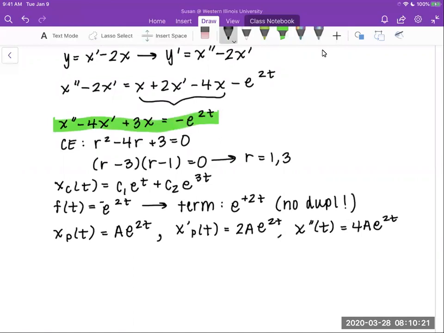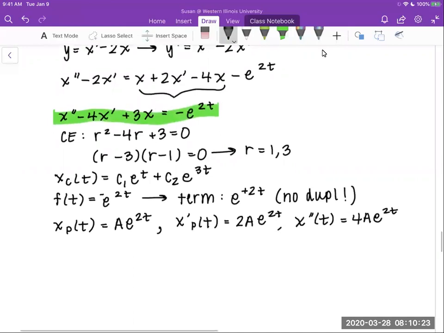So now I'm just going to plug those three functions back into the original non-homogeneous DE. 4a e to the 2t minus 8a e to the 2t plus 3a e to the 2t. And all of this has to equal a negative e to the 2t.